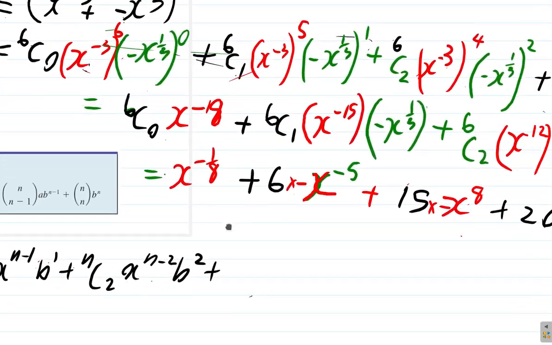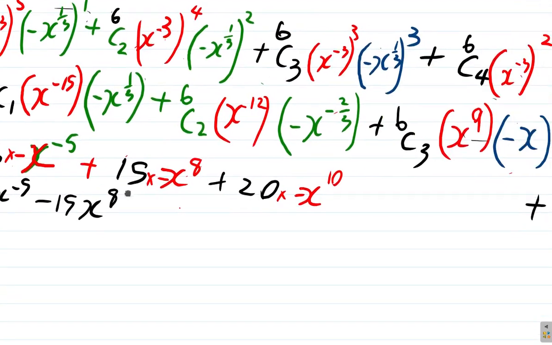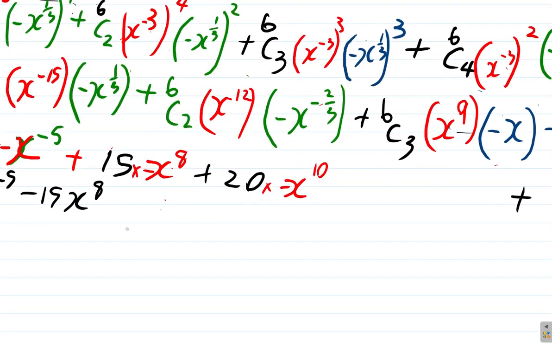So let's put these things all together now. This is going to be equal to x to the negative 18, it would be... well, let's leave it as it is. So the negative 18 plus, well, it would be minus 6 x to the negative 5, minus 15 x to the 8, then you have minus 20 x to the 10.